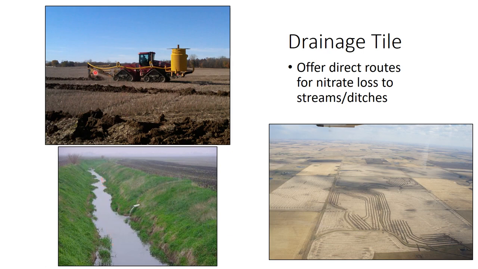And these are installed using these big tile machines where they have like one big tine that pulls this way through the soil, and then as that tine basically splits the soil, a tile line is inserted behind it, and then the soil is closed off behind. And so you can see what a drainage pattern would look like in a newly tiled field. So they're just going through basically below each of these what used to be prairie pothole wetlands and putting in these tile lines to drain the soil.